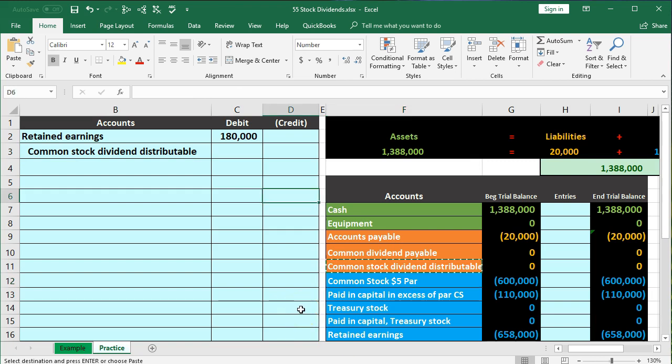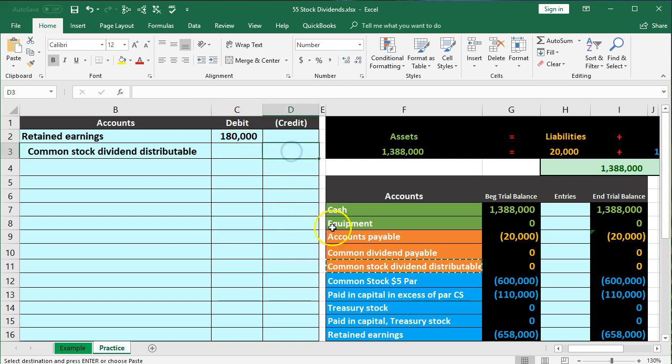In other words, if you thought about this as a normal stock issuance, like the company selling stock, we would have gotten cash, debiting cash, then we would credit the common stock at the par value and then credit the additional paid in capital. In this case, the company is giving the stock away, giving the owners some of their value back rather than in cash through the retained earnings. So we're decreasing the retained earnings.